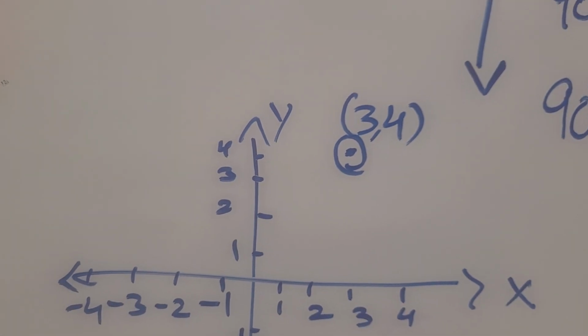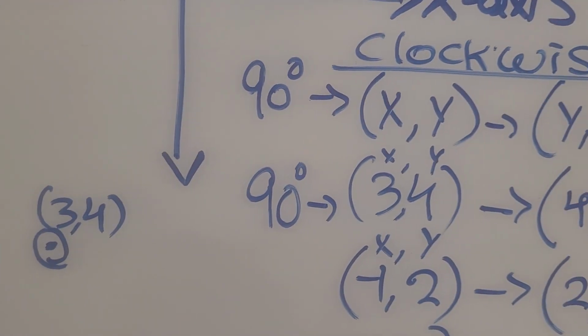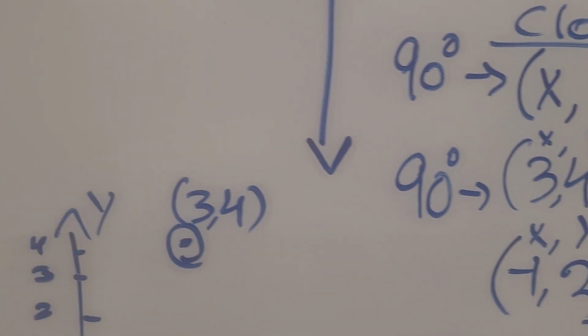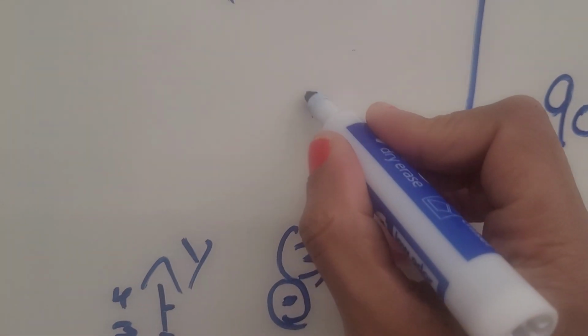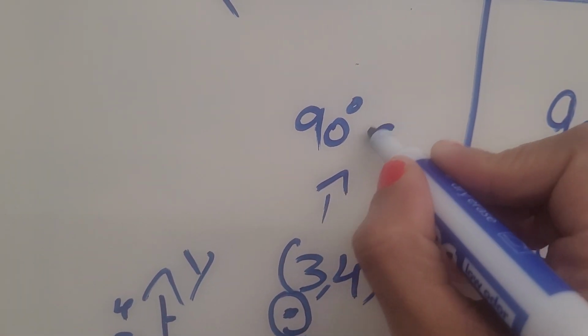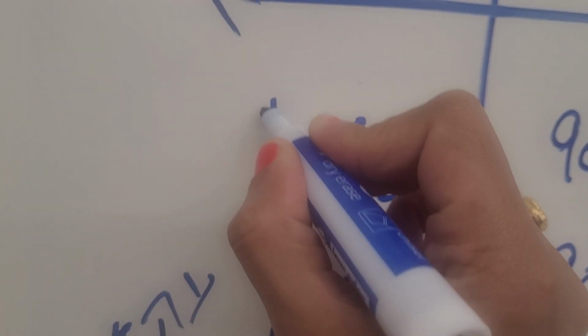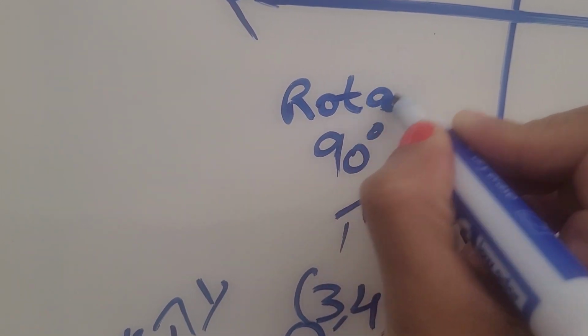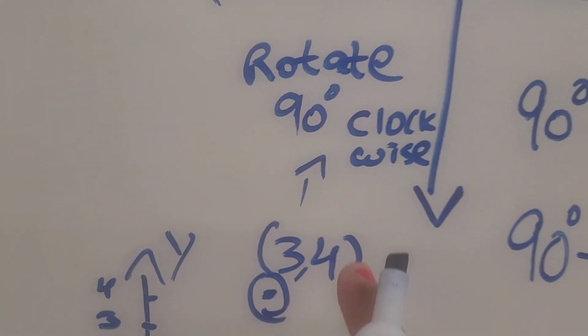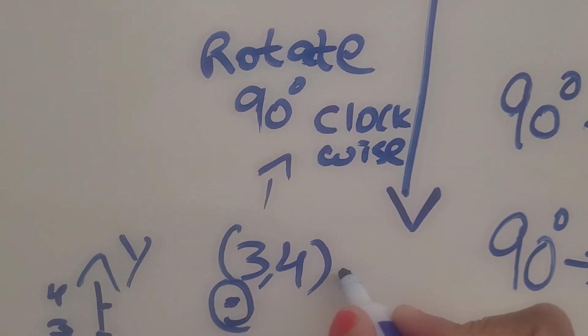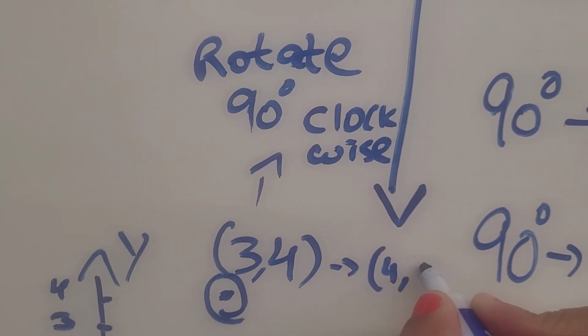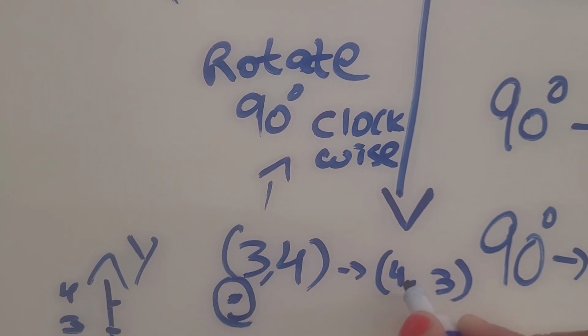This is my first point, and I'm applying the rotation of 90 degrees clockwise to this point. So I'm writing it down, 90 degrees clockwise. Okay, rotate. So we are rotating this point now. So we need to change the coordinates. So 4 comma 3 and apply the negative sign to the x coordinate.